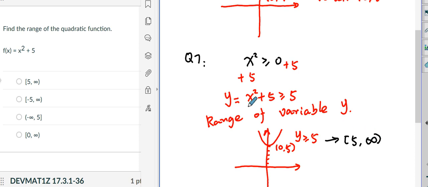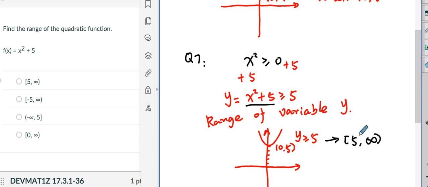So whichever value you plug in here, even -100, then you square that number, that will be like 10,000. 10,000 plus 5 is 10,005. Okay?